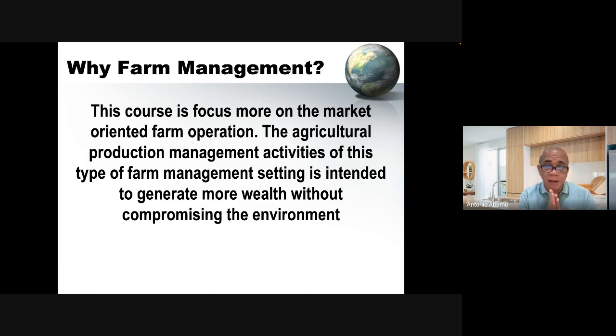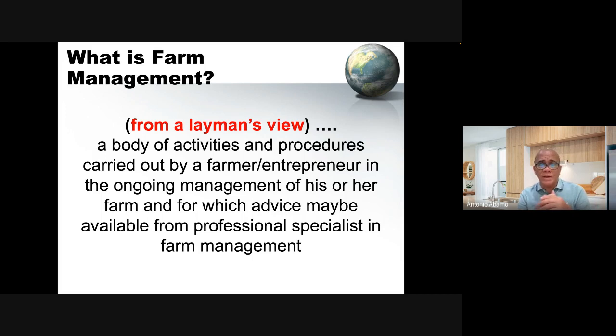This is the conviction or the philosophy for this particular orientation: a type of farm oriented for market or for profit or commercial orientation, designed to add more wealth to the farm household without compromising the environment. So that is a very important conceptual framework.